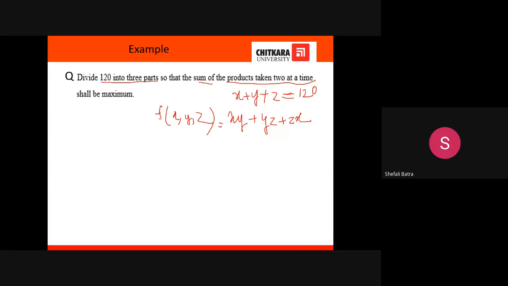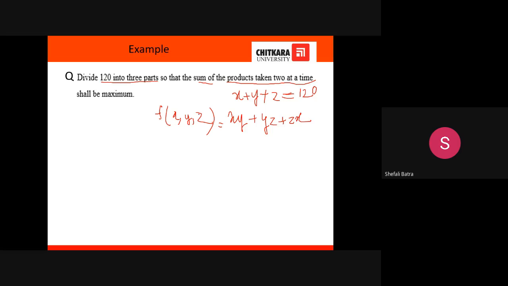But we do have the formula, or the process, for finding maximum or minimum value for a function of two independent variables. So here z is creating a problem. So my first task is to remove this z. Can I replace this z? Yes, ma'am.